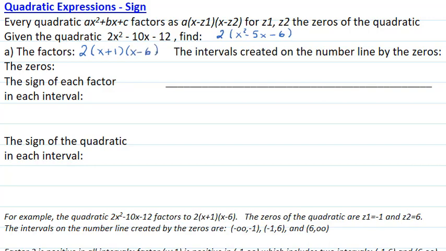The zeros of the quadratic are negative 1 and positive 6. The intervals created on the number line will be negative infinity to negative 1, negative 1 to 6, and 6 to infinity.